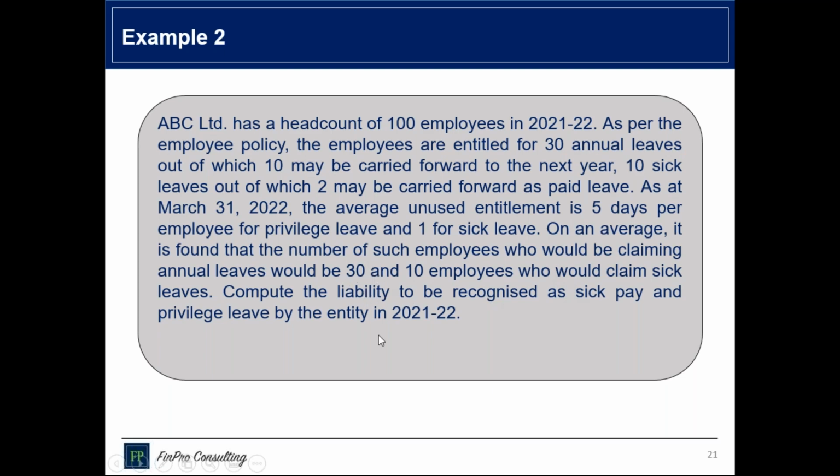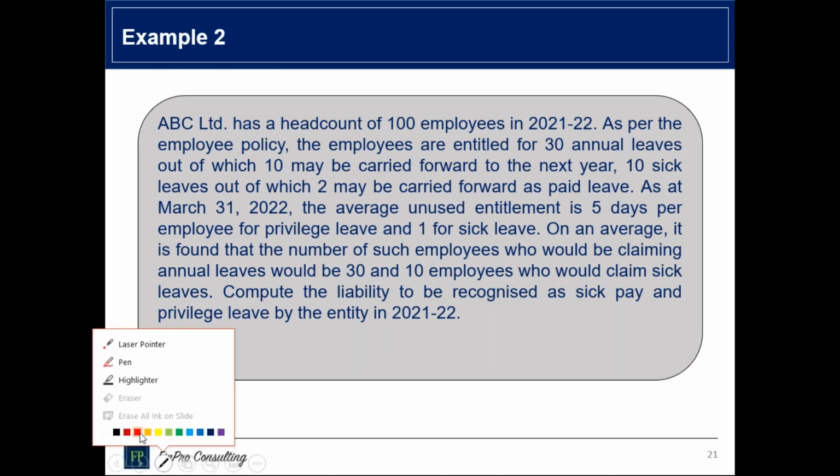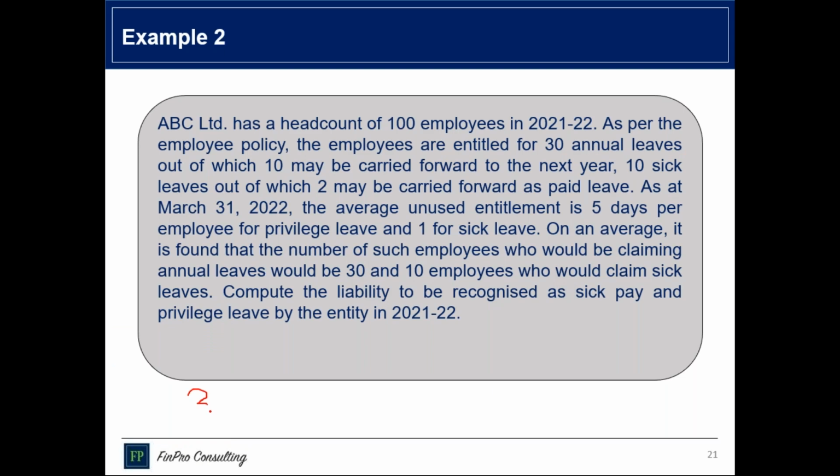There are 30 employees entitled to 5 days leave. So this is 150. This is relating to the privilege leave. And then there is 1 sick leave for 10 employees. So this is what you will recognize as a liability.